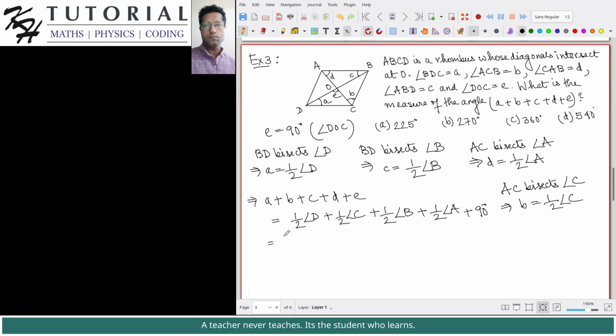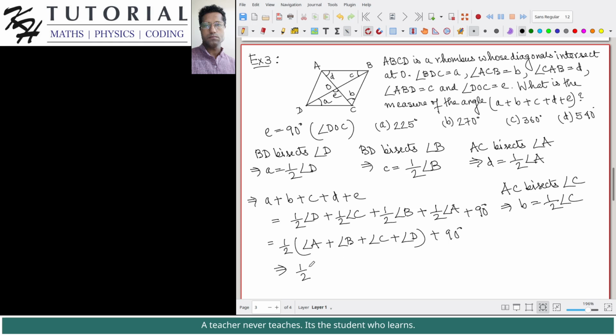Now from the first four terms we take half common. After rearranging we get half of angle A plus angle B plus angle C plus angle D, and plus we have 90 degrees. Now what is angle A plus angle B plus angle C plus angle D? It is the sum of the interior angles of a rhombus, which is 360 degrees, because in a quadrilateral the sum of the interior angles is always 360 degrees.